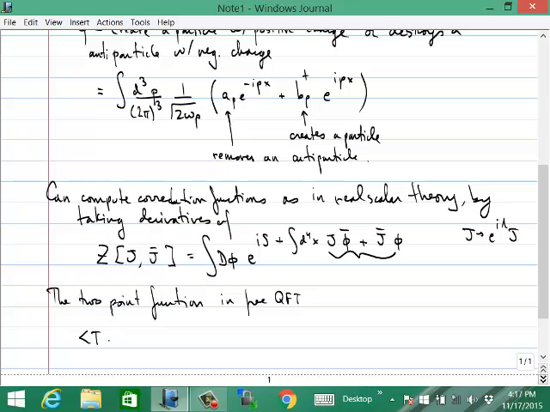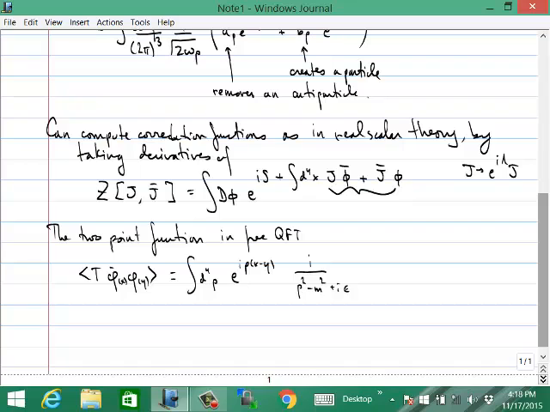The first thing to notice about this two-point function is that, let's say if this first one is phi bar of x and this is phi of y, it is almost exactly the same as the two-point function of a real scalar field. The only difference being that it is now not the phi two-point function, but the phi bar phi two-point function.